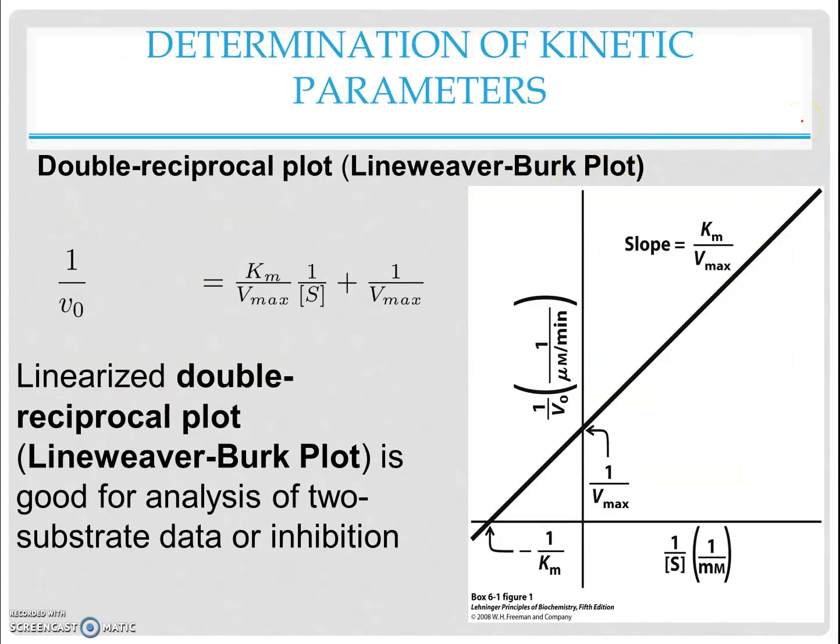It is known as a Lineweaver-Burk plot, also called a double reciprocal plot. If you can see the equation here, it came from the Michaelis-Menten equation. The Michaelis-Menten equation is linearized so that we are able to get this Lineweaver-Burk equation.